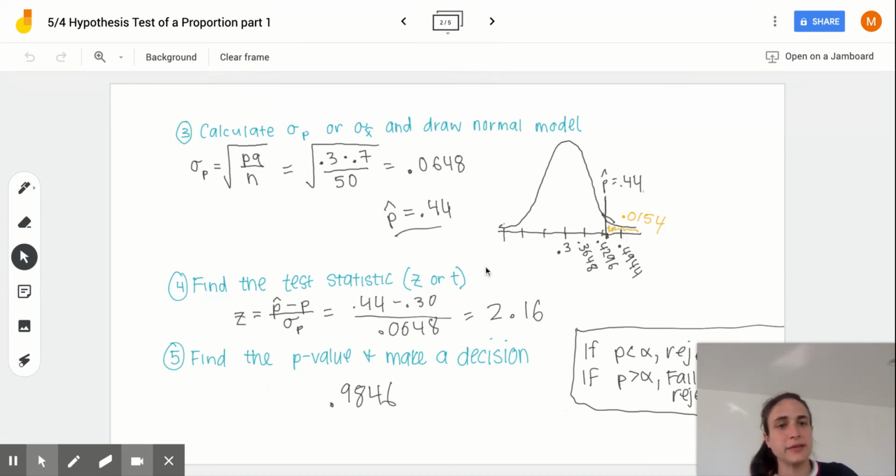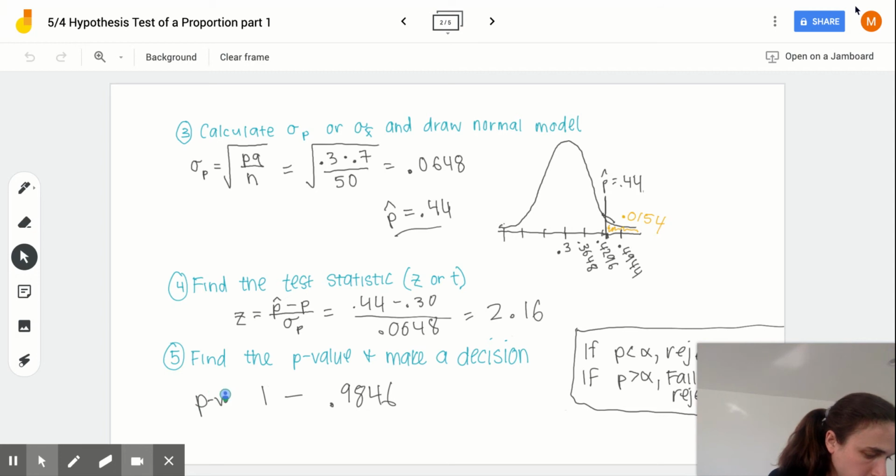Remember, if it's to the left, you don't, and if it's to the right, you do. So we're going to do 1 minus this, and that's going to give us our p-value. So our p-value at the end of the day is going to be 1 minus 0.9846, which is 0.0154.